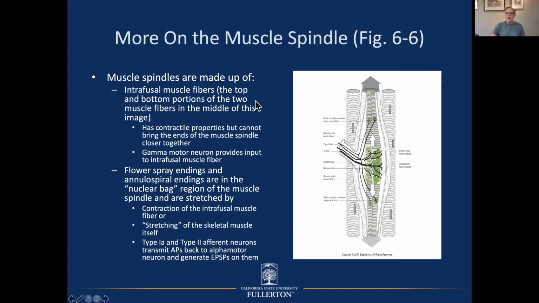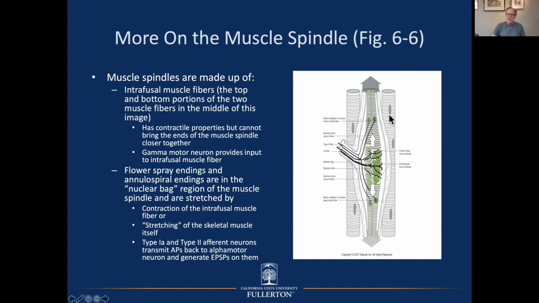The muscle spindles are made up of intrafusal muscle fibers. So here are the intrafusal muscle fibers, and they are on the 2 ends of the muscle spindle. Down here again, wherever you see the striations, those are the intrafusal muscle fibers.